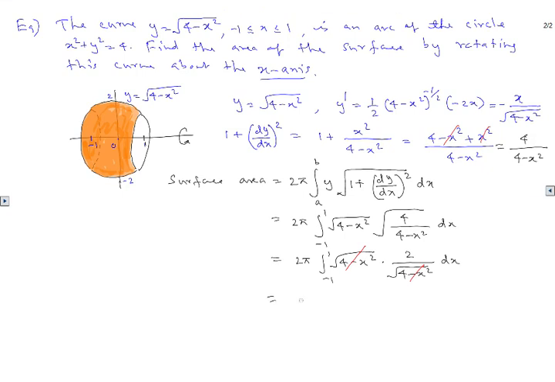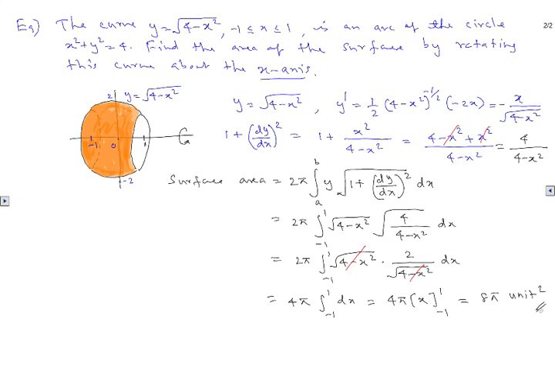You get 4 pi times the integral from -1 to 1 of dx, so that is 4 pi times x from -1 to 1, which is 2, so you get 8 pi. This is an area, so it is units squared. That is the surface area of the solid of revolution.